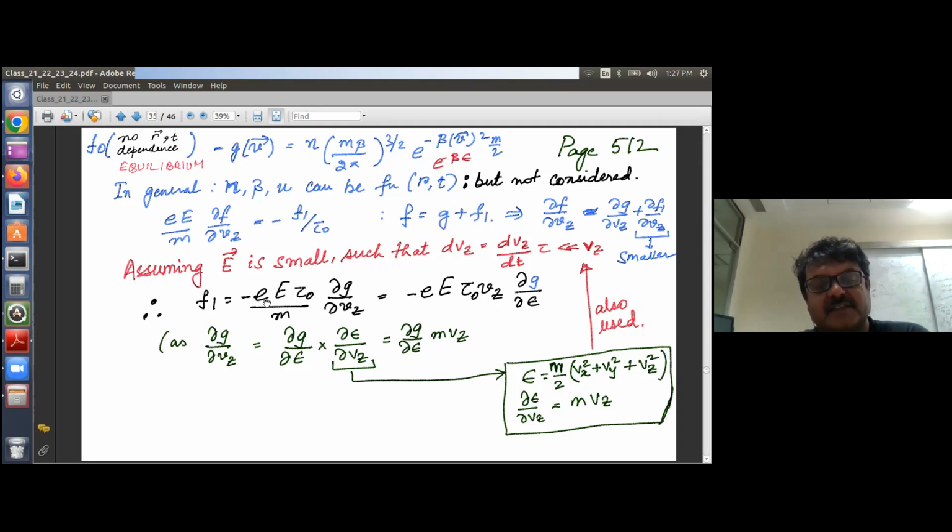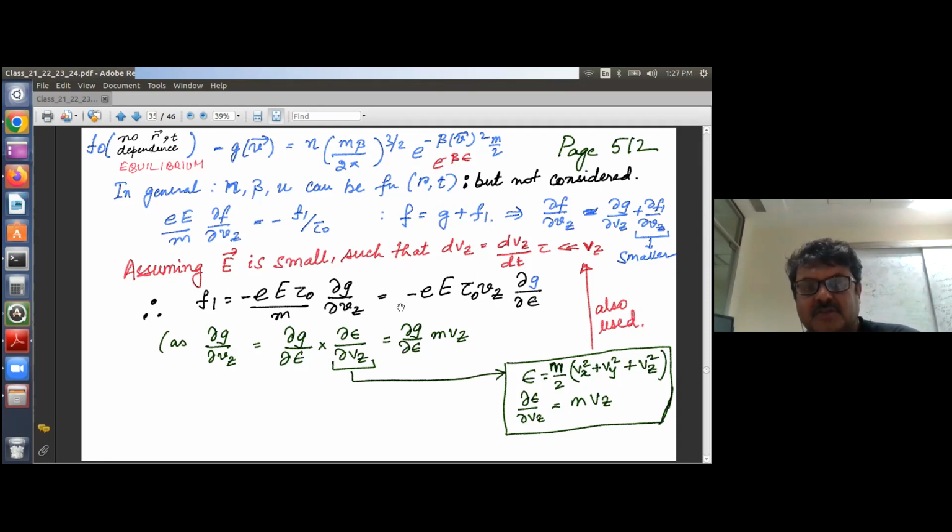Now, all that we are doing is a transfer of variables, because g can also be written in terms of e to the power minus beta E. So we can do that.